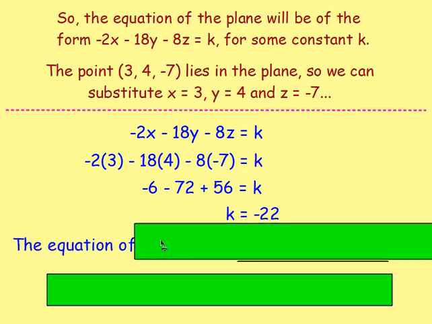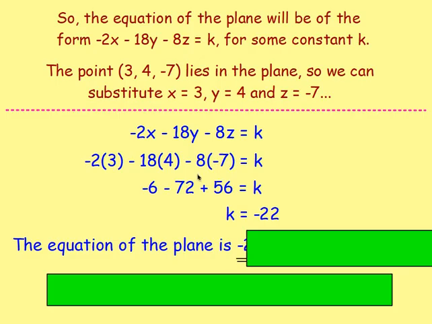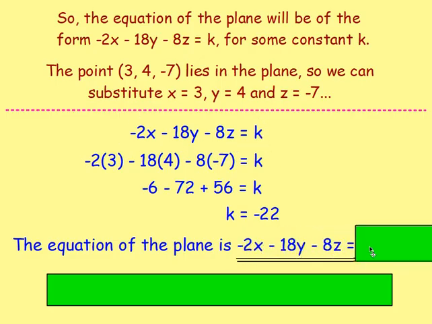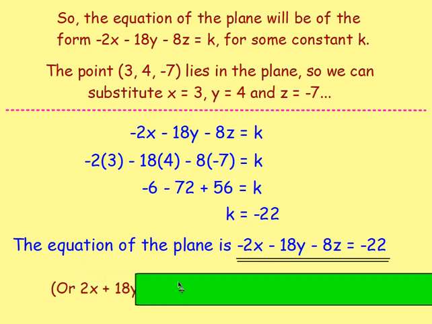This means then that the equation of the plane is, well, the equation of the plane is just here when it's equal to k, but because we just worked out k, we can replace that with our negative 22. Perfect. So that there will be the equation of the plane. Once again, you could multiply through by negative 1, so you're starting with a positive term, so you could always rewrite that as 2x plus 18y plus 8z, and that will equal positive 22.